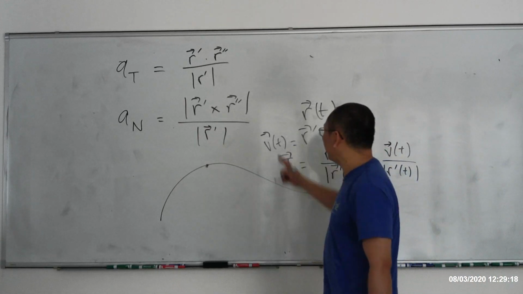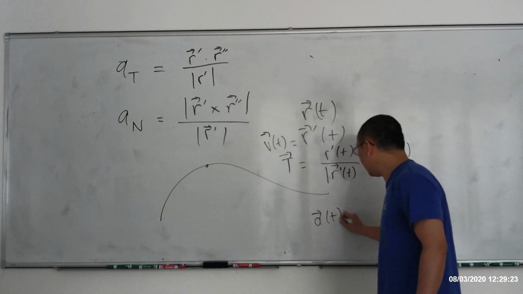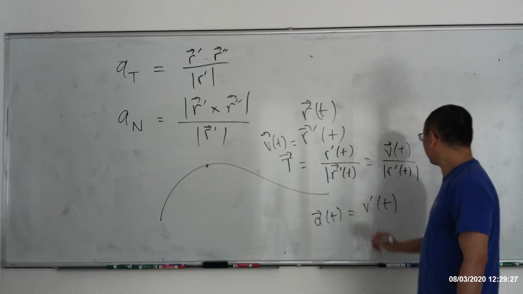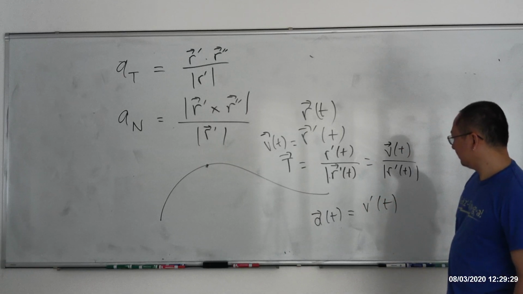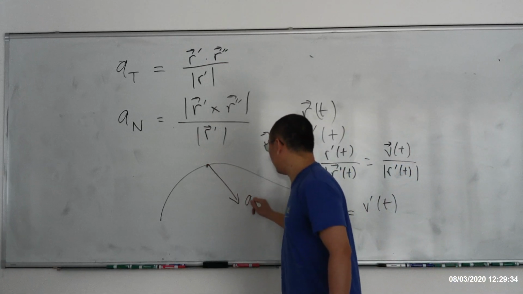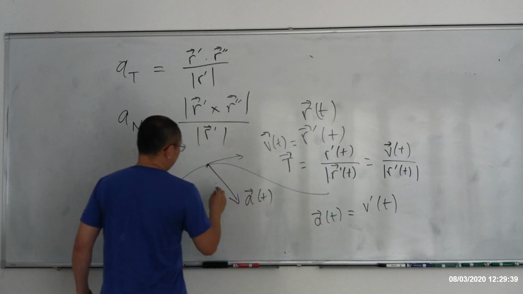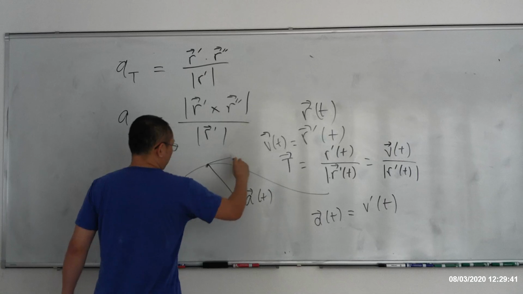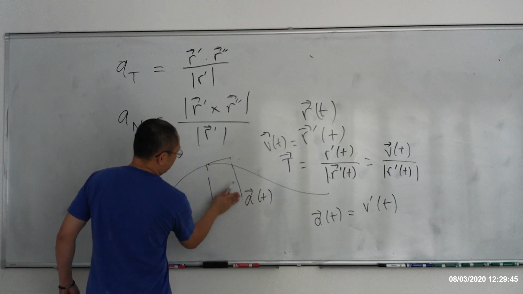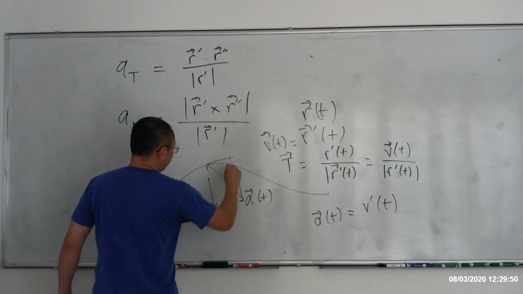Okay, and after having the velocity vector, you take the derivative, you have the acceleration vector. a(t) is equal to what? v prime(t). Okay. And the acceleration vector, I'll just randomly choose right here, can be broken down into two components: the tangent component, this is AT right here, and the normal component, this is AN.